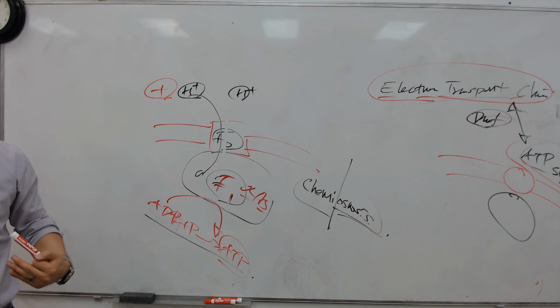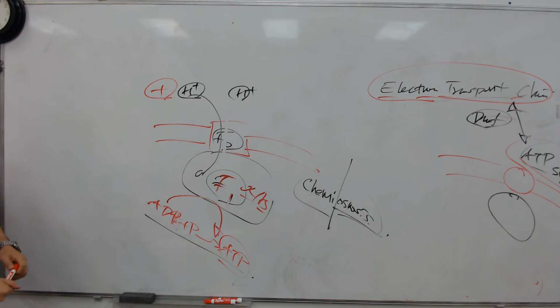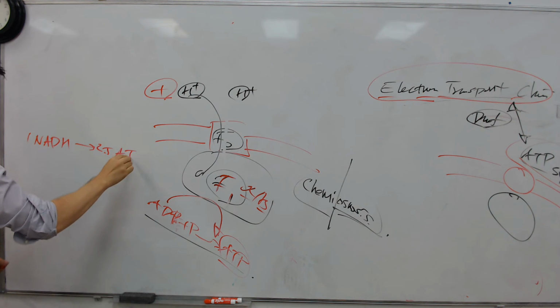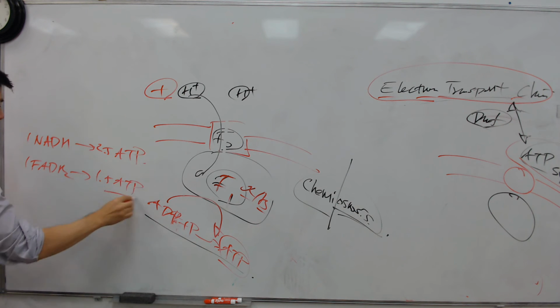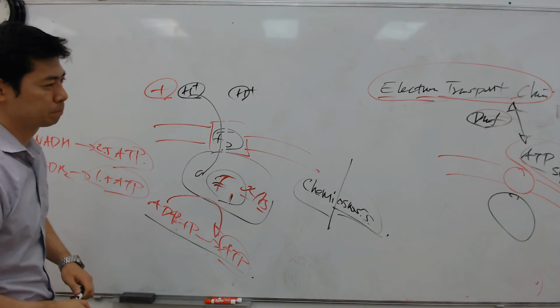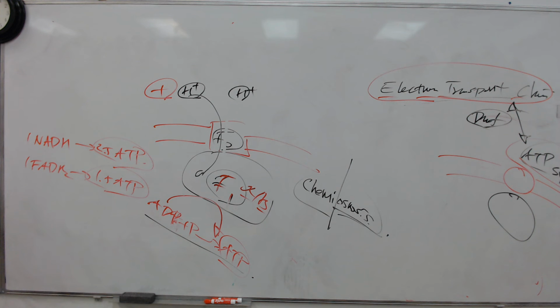But this occurs in large amounts. If I'm not mistaken, guys, one NADH will produce around 2.5 ATP, and one FADH2 around 1.5 ATP. So you get to understand how many can be produced based on how many NADH and FADH2 are produced from a glucose molecule. That's what they call ATP synthesis.